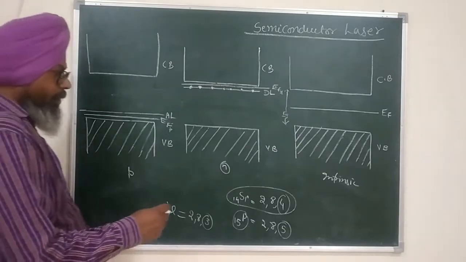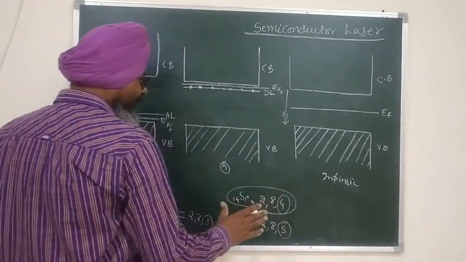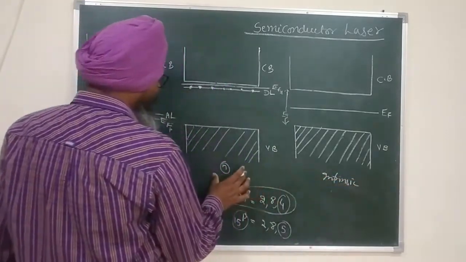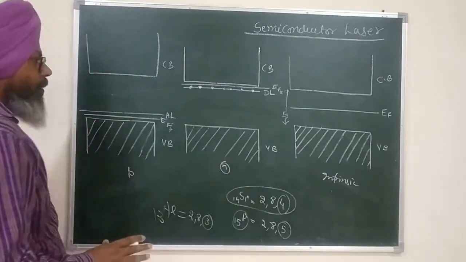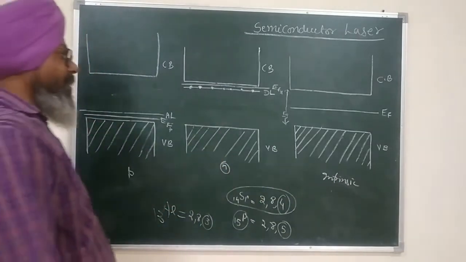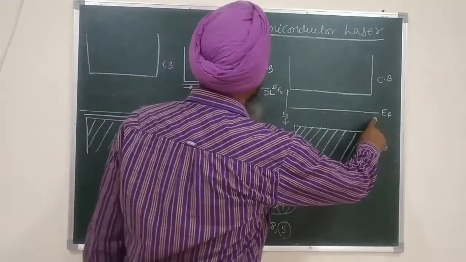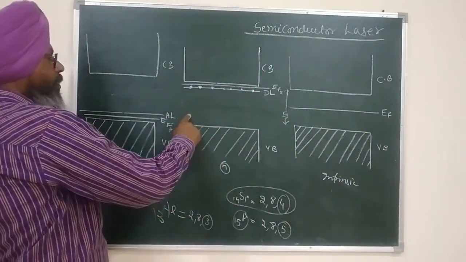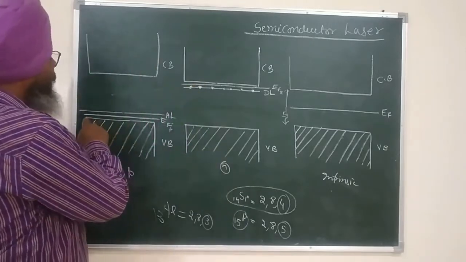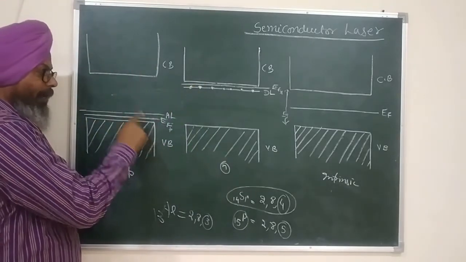Now all these three types of semiconductor, whether it is intrinsic or n-type or p-type semiconductor, in which Fermi level lies in the energy gap. Kindly remember, here it lies in the middle of the energy gap, here it lies closer to the conduction band, here it lies closer to the valence band.